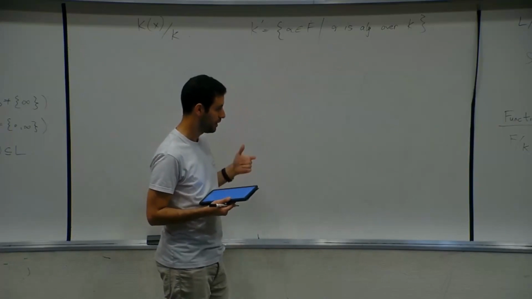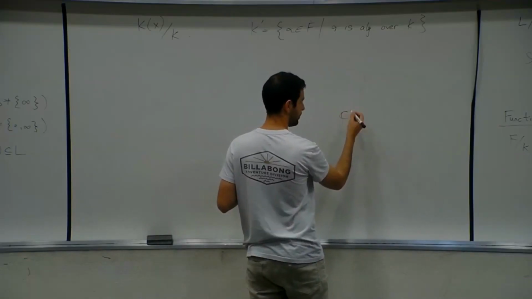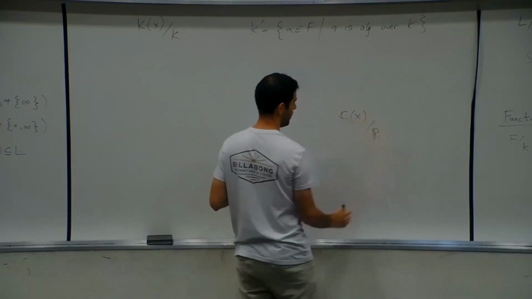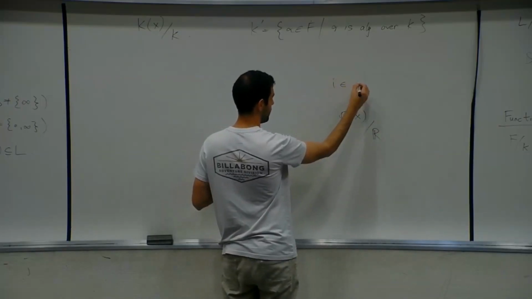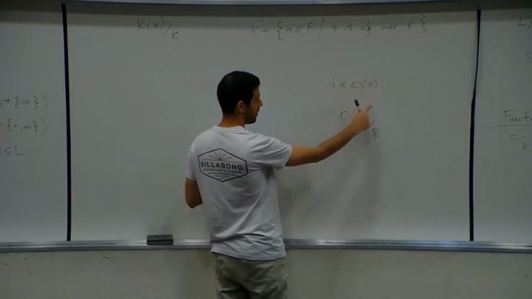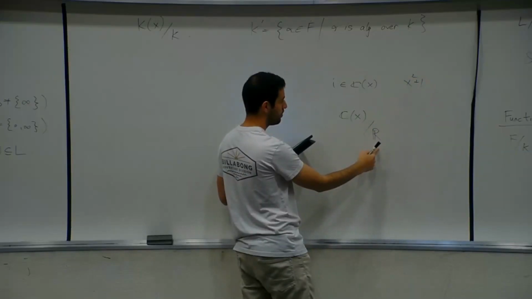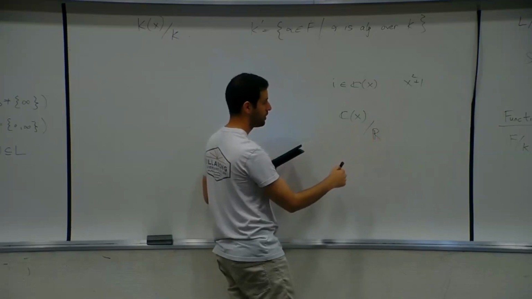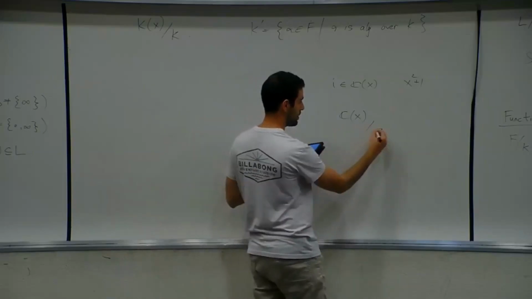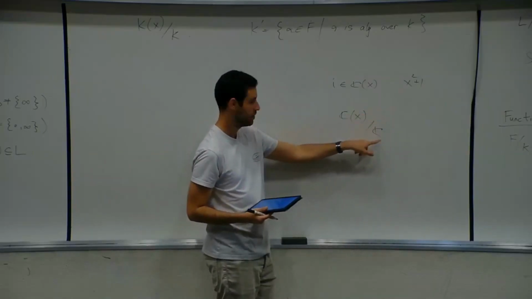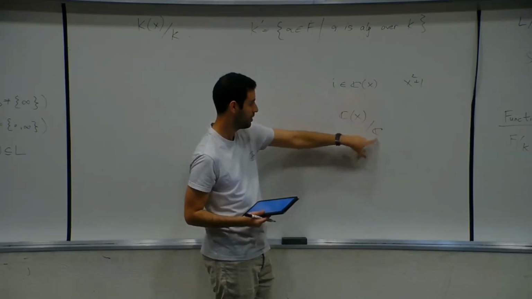For example, if you take C over R, then it's not good, because the element i is in C and it is algebraic over R, the root of x squared plus 1, a polynomial with coefficients in R, but it's not in R. So k prime doesn't equal R. We need to change it to C over C, and now every element which is algebraic over C is already in C. The elements here which are not in C are transcendental.